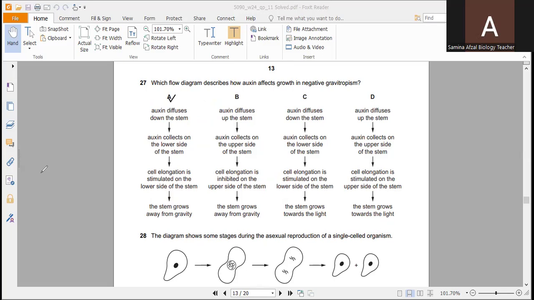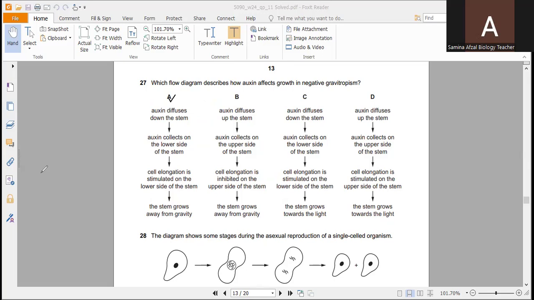And what is negative geotropism, students? Negative geotropism is a hormonal response produced by the stem or the shoot, during which the stem moves away from gravity. So this is called negative geotropism.